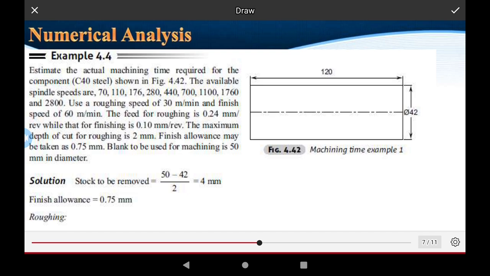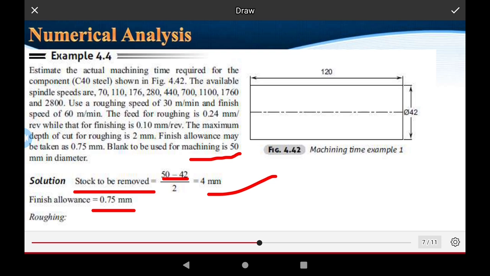This is the value of 50 minus 42 given in this problem. This is the machining diameter, capital D minus depth of cut, divided by 2, which is the finishing allowance of 0.75 mm.